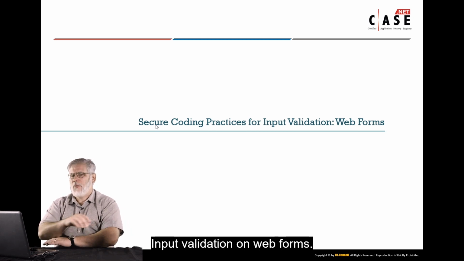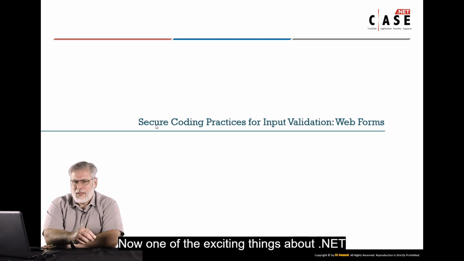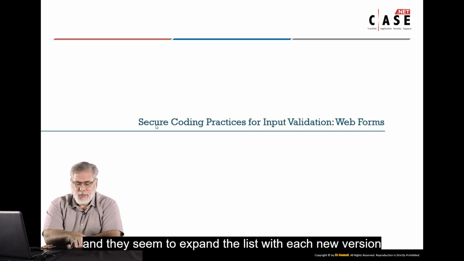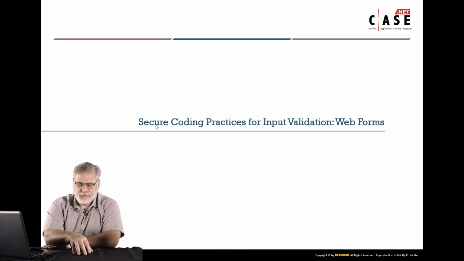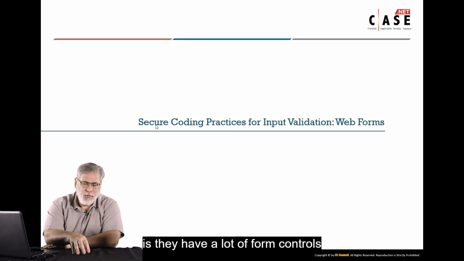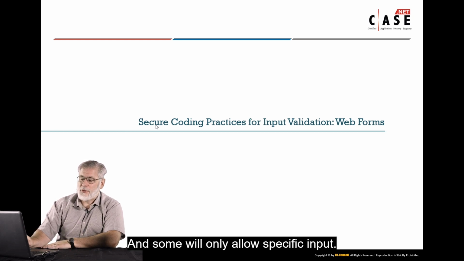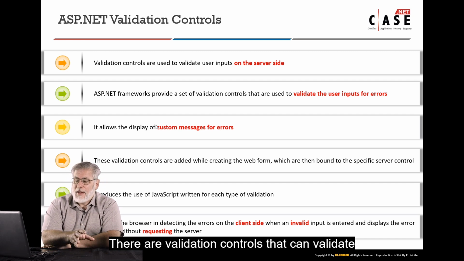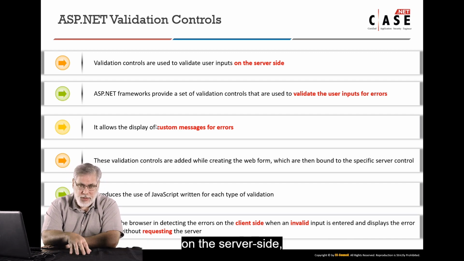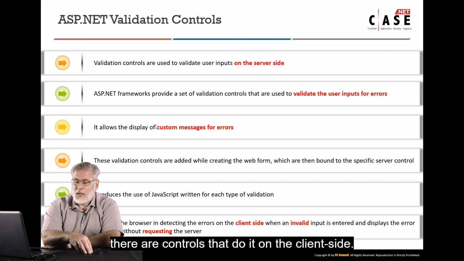Input validation on web forms. Now, one of the exciting things about .NET, and they seem to expand on this with each new version, is they have a lot of form controls that will do the validation for you, and some will only allow specific input. There are validation controls that can validate on the server side. There are controls that do it on the client side.